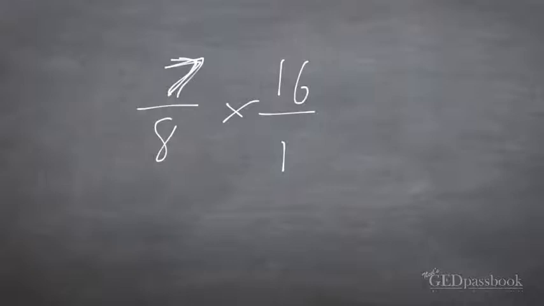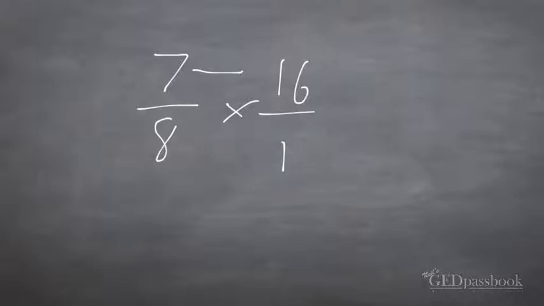That's technically a whole number. So 7/8 times 16 over 1, right? You could, if push comes to shove, multiply straight across and come out with your answer, right?